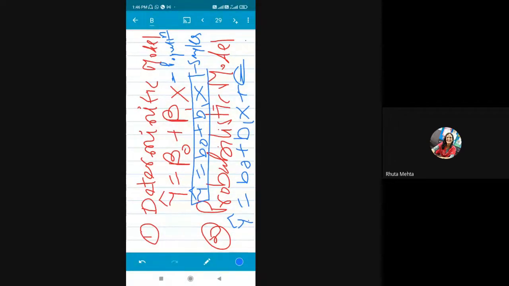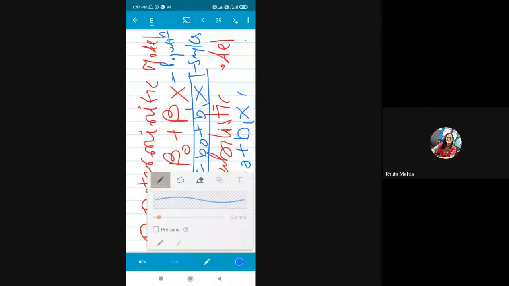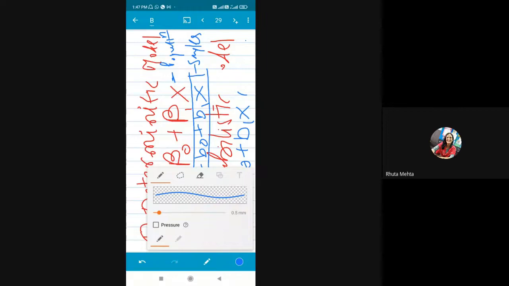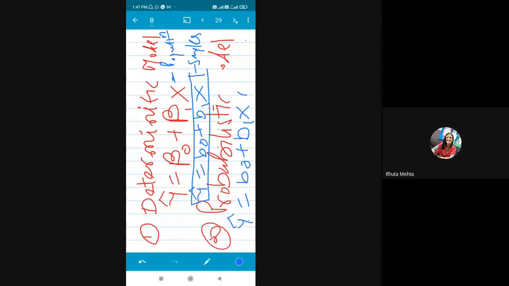Epsilon is suggesting errors. This is the model which we are going to use throughout the examples and everywhere.